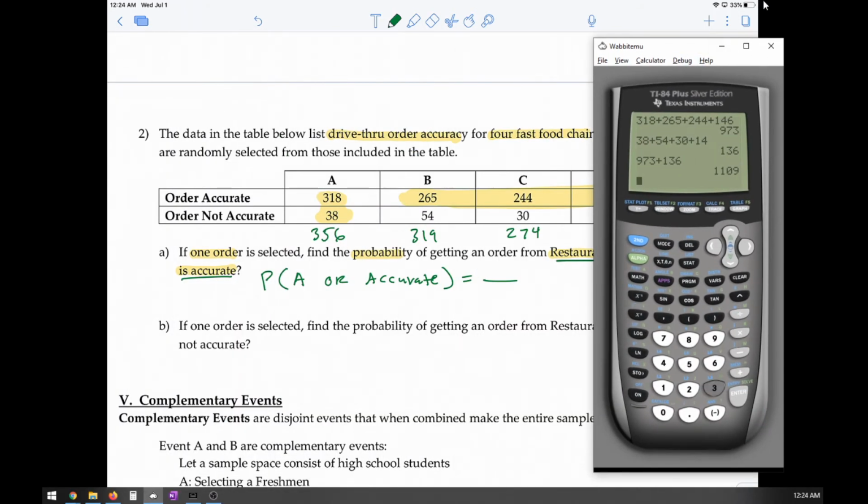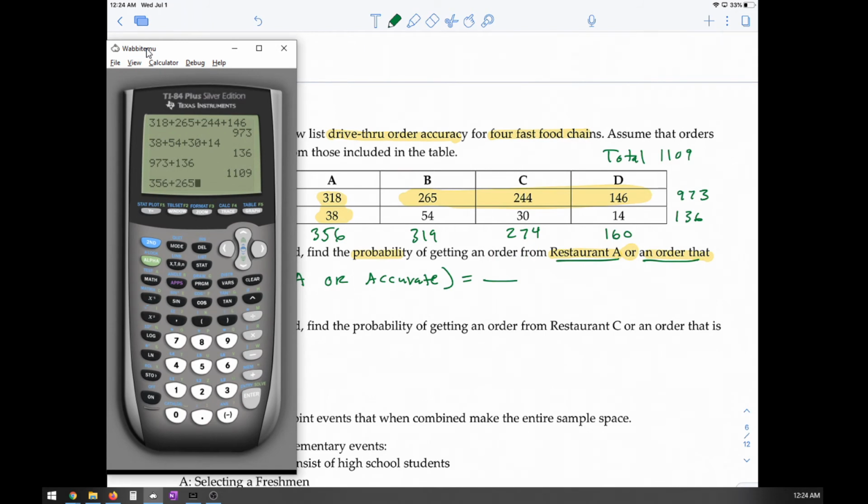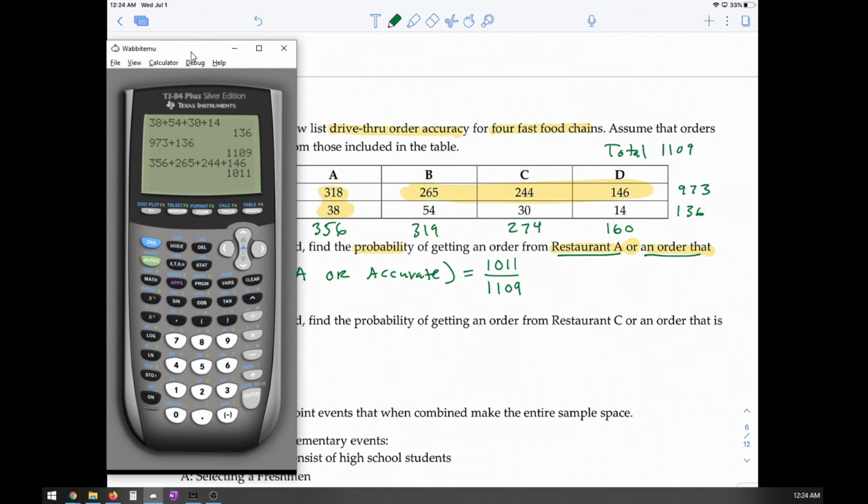So that's going to be 356, which is the total number of order A, and then plus 265 plus 244 plus 146, and that gives us 1011 out of 1109. So if we work this out, 1011 divided by 1109, we get approximately 0.9116. Again, we're rounding to 4 decimal places.